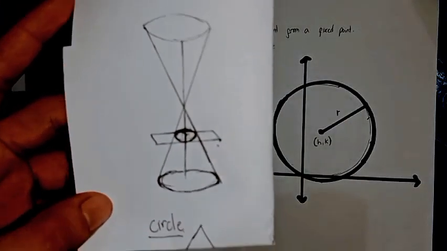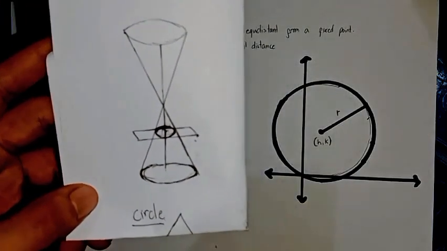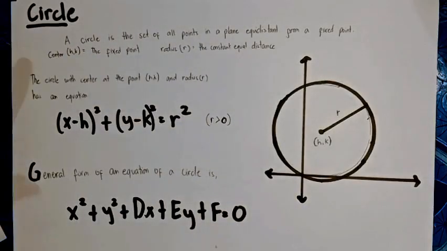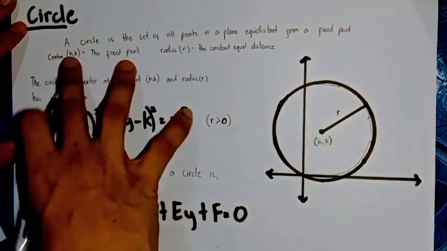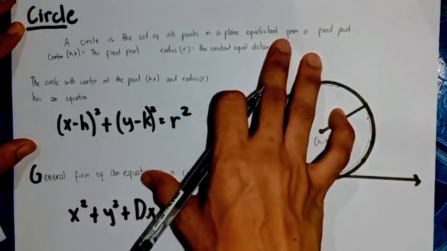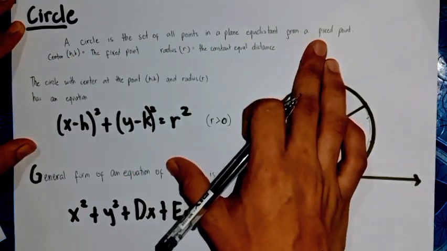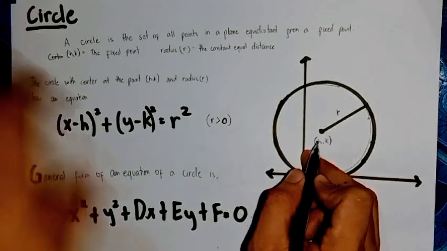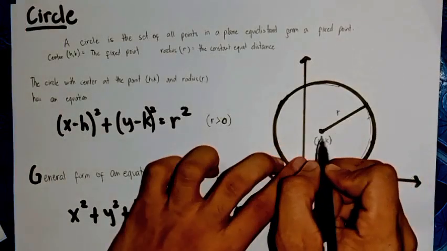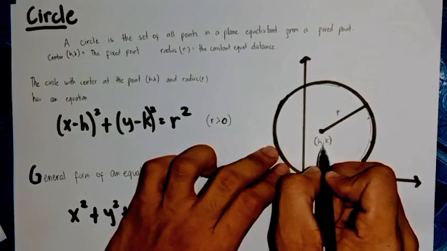Now, let's focus first on the first type of conic section, which is the circle. What is a circle? Based on the definition, a circle is the set of all points in a plane equidistant from a fixed point. As you see in the figure, this is our fixed point, which is h and k.